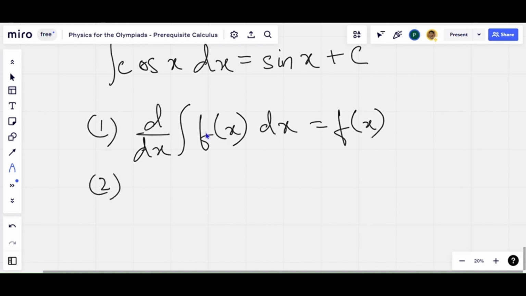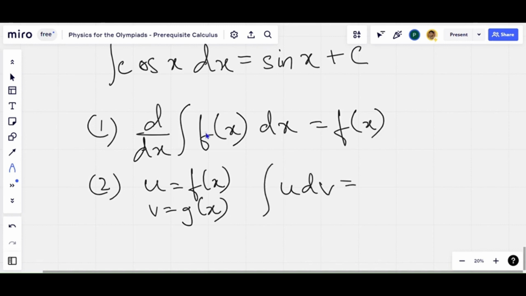The second one is called integration by parts, in which we use u equal to f of x and v equal to g of x, and the formula is integral u dv is equal to uv minus integral v du.